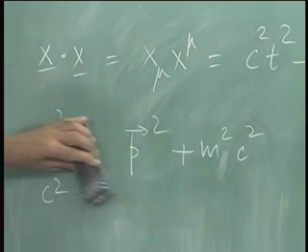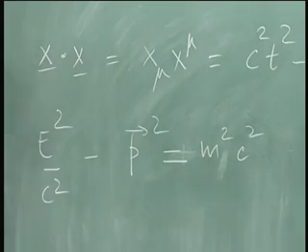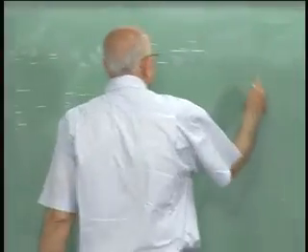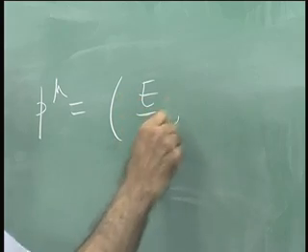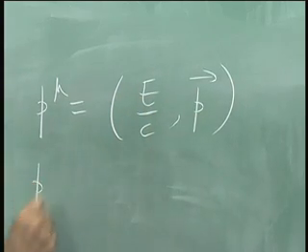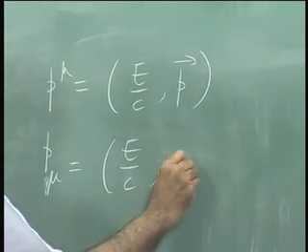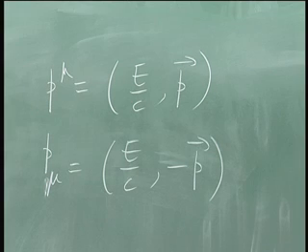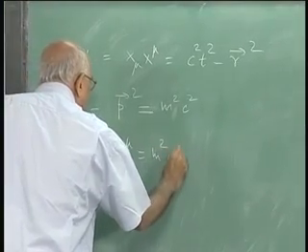Of course this immediately suggests that this equal to that is an expression of relativistic invariance, and indeed it is. The definition of the 4-momentum p^μ is equal to (E/c, p). The covector is therefore (E/c, −p), and that helps you to identify what this quantity is. This thing simply says that p^μ p_μ equals m²c².